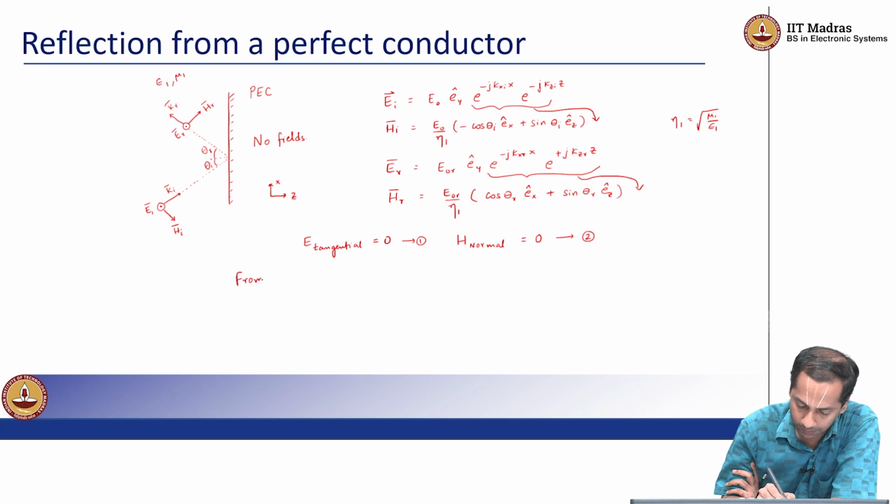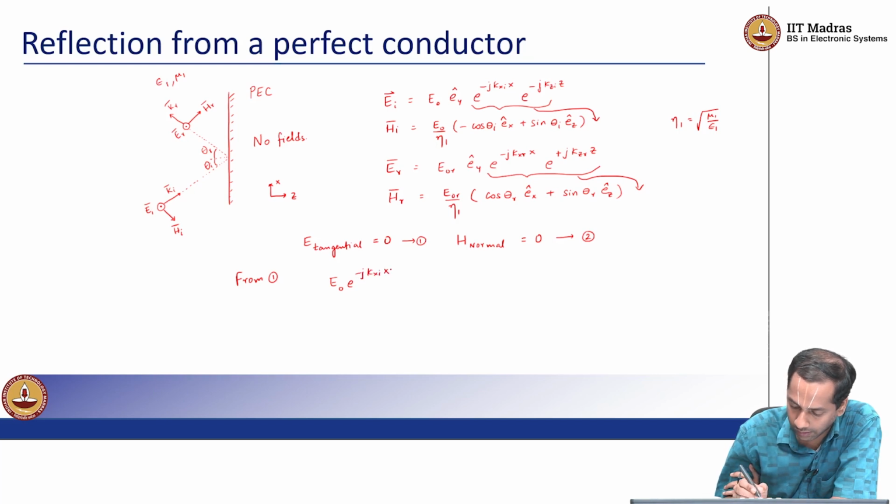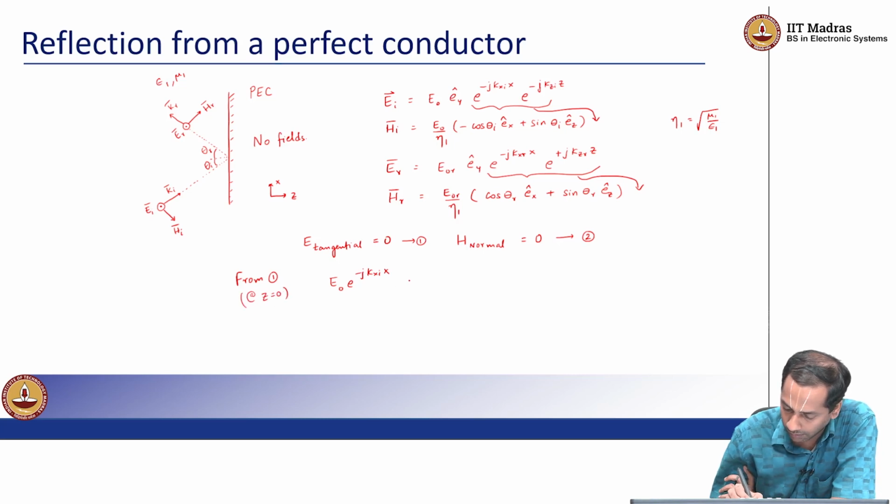So from 1, E0 e to the minus j kxi x plus E0r e to the minus j kxr x is equal to 0.